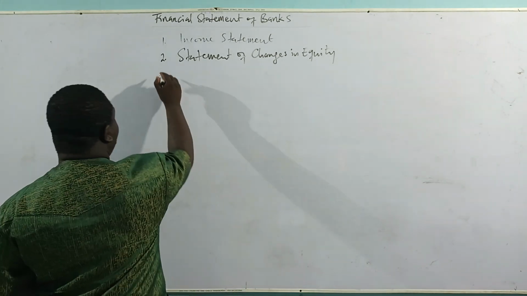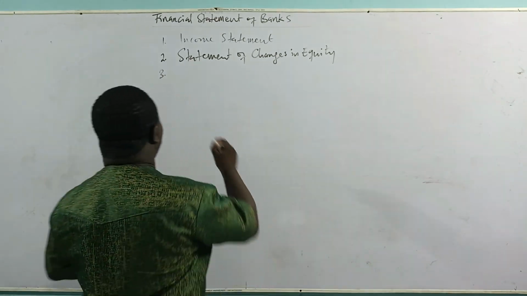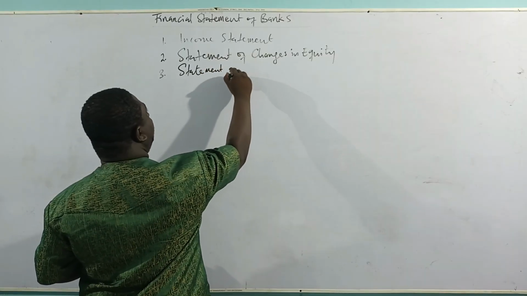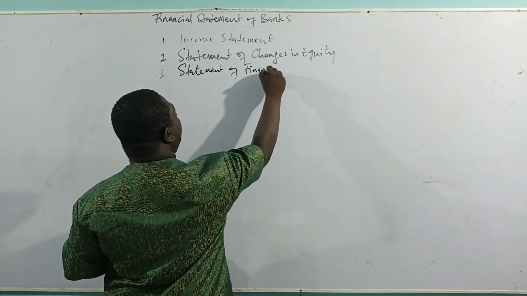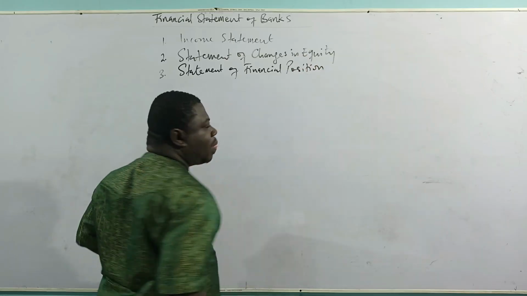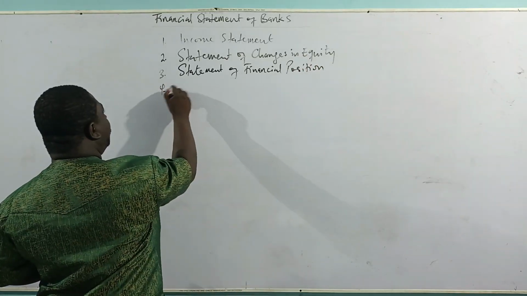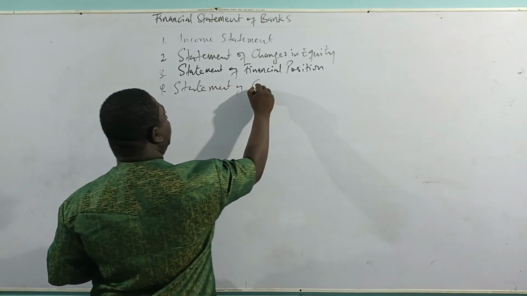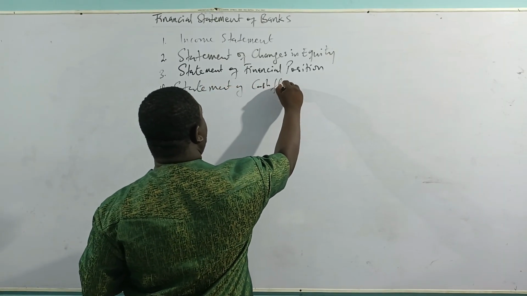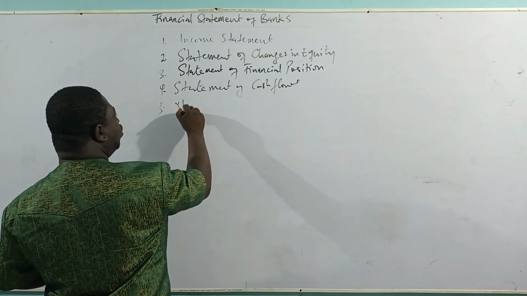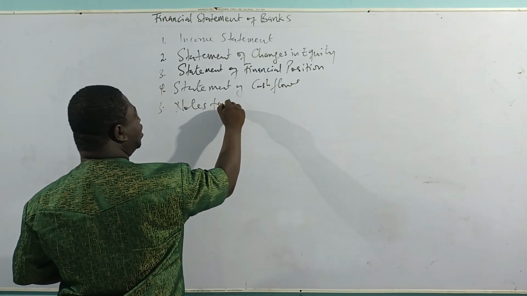And then the bank will prepare the statement of financial position. And then they'll prepare the statement of cash flows. And then finally, they'll prepare the notes to the financial statements.